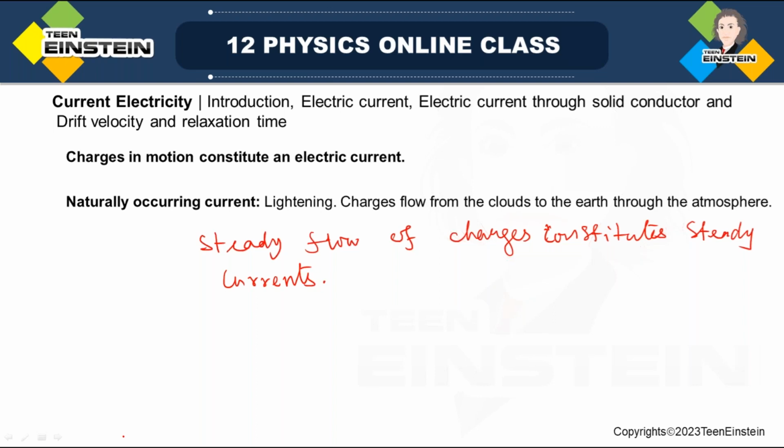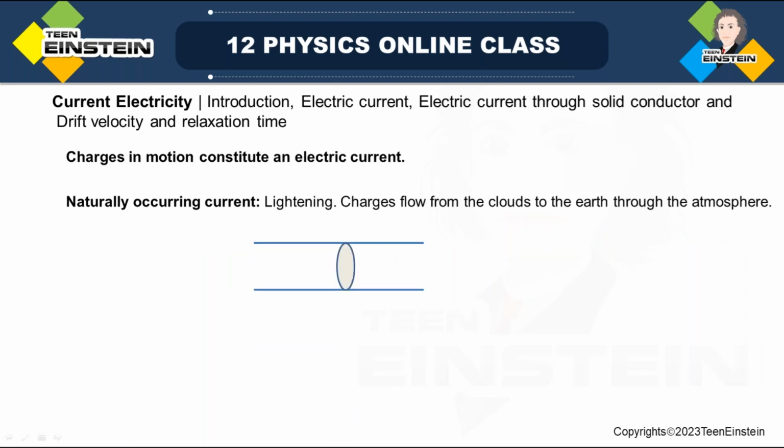So what is an electric circuit? I was just talking about steady flow. We'll talk about it later also, but still, let me give you one glimpse of the current that we actually get through our circuits.